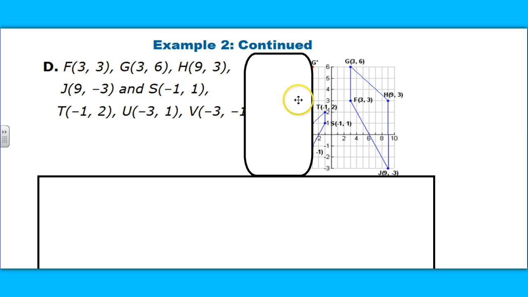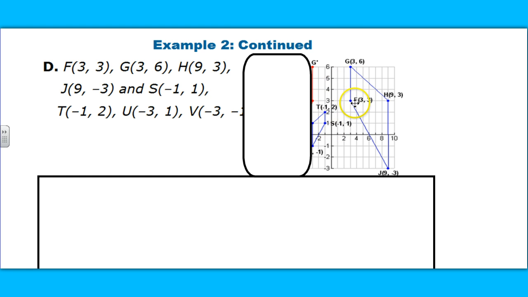Okay, and in this case we have a quadrilateral FGHJ mapping to a quadrilateral STUV. Once again it looks like there's been possibly two transformations. We could check out the proportion.